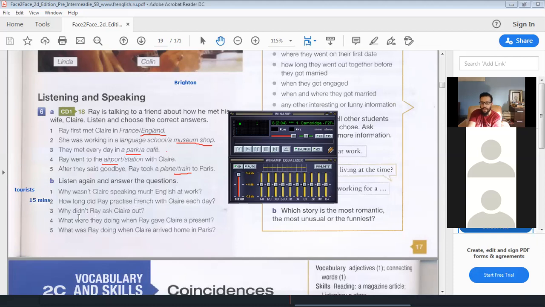Number 3. Why didn't Ray ask Claire out? Maybe because he has business. He has work. Something like this. But he was in love, right? Yes. So why didn't he ask her out?